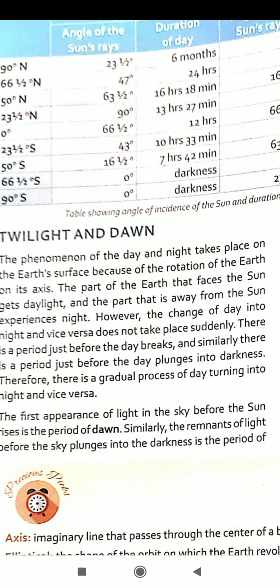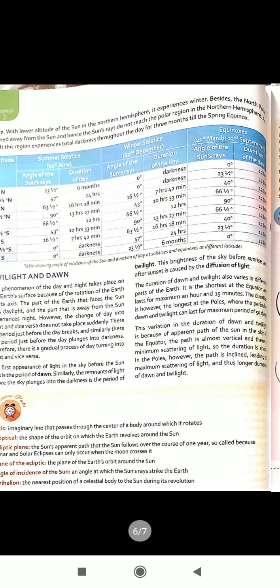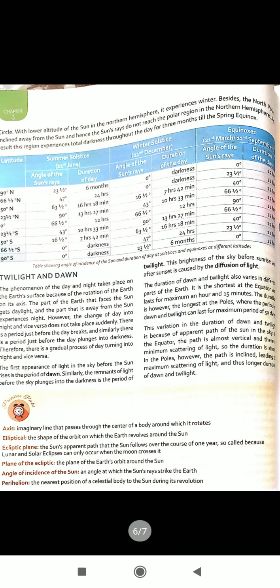Now, the first appearance of light in the sky before the sun rises is the period of dawn. Similarly, the remains of light before the sky plunges into the darkness is the period of twilight. The brightness of the sky before sunrise as after sunset is caused by the diffusion of light.